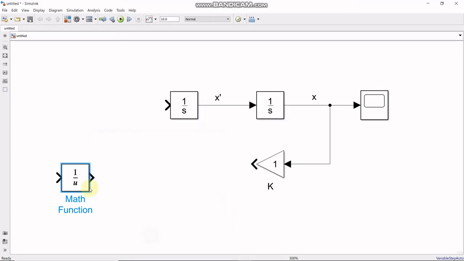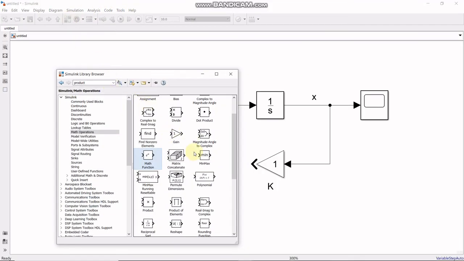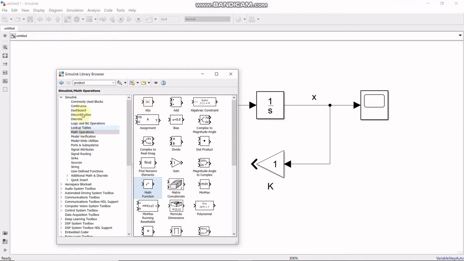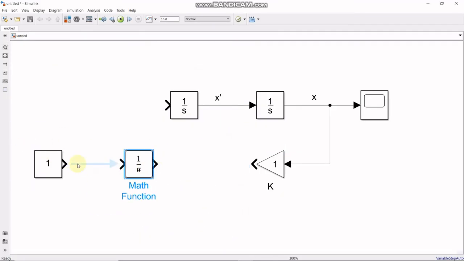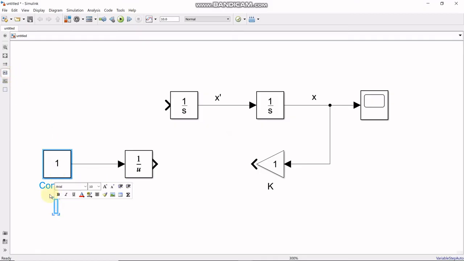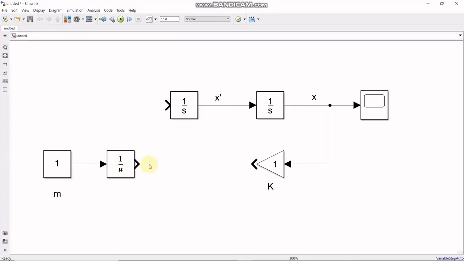So this is reciprocal now. So whatever comes in here will come out as 1 over whatever value goes into that block. So I'll need a constant block to put in my m value. So minimize this. So I have my m. So let me just annotate this constant block for m. So I have m here. So m goes in here to come out as 1 over m here.